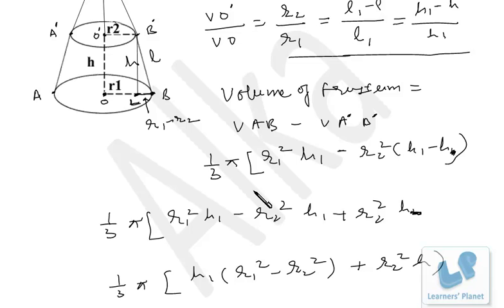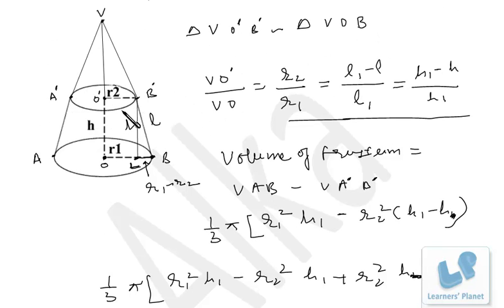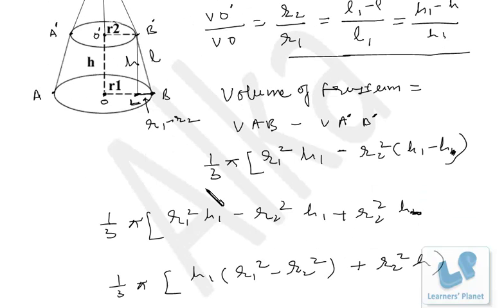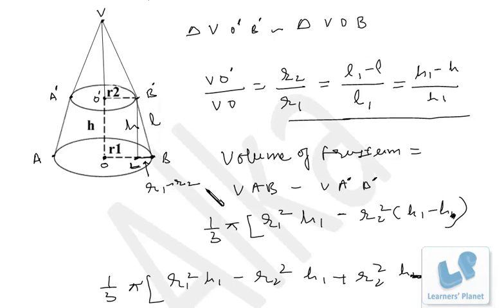Right? Now it depends, whatever the values are given to you, according to that you need to proceed. So I will not tell you how to substitute the value from one relation to another. That you can do on your own, right? Depends upon the quantities which are given in the question. Okay, so this is precisely how to find the volume of this frustum: the volume of the entire cone minus the volume of the smaller cone.